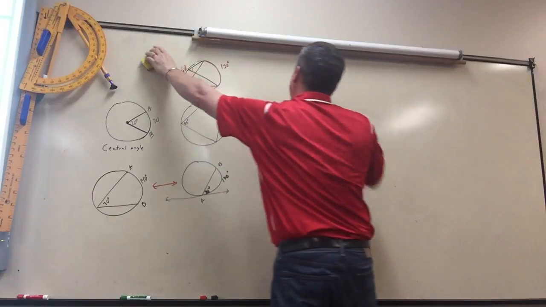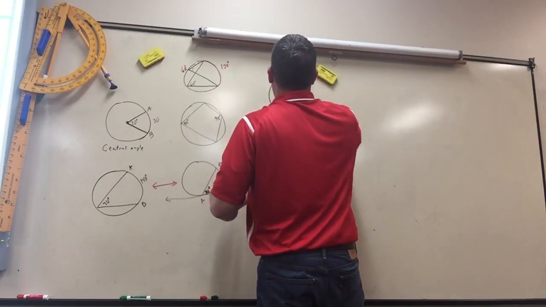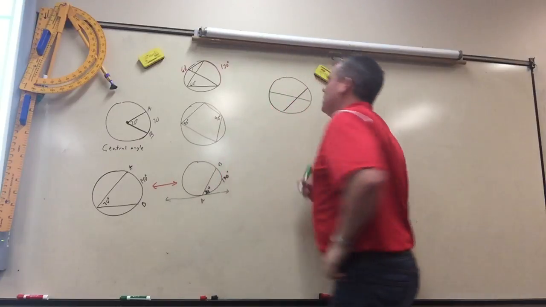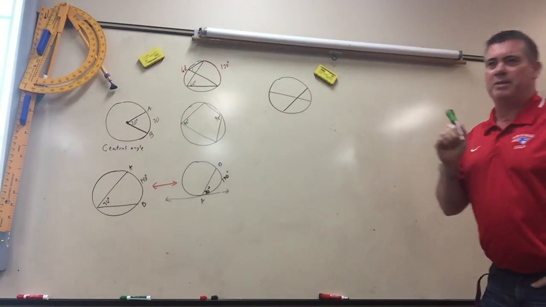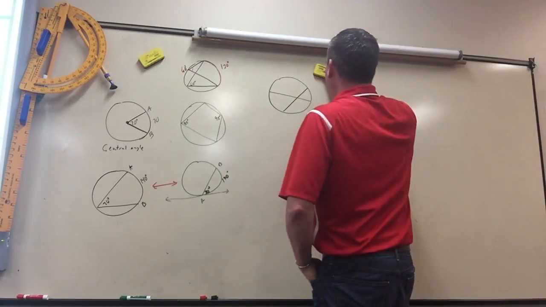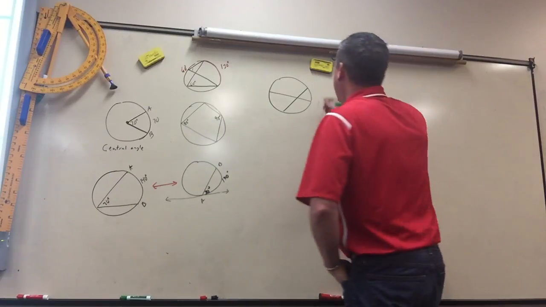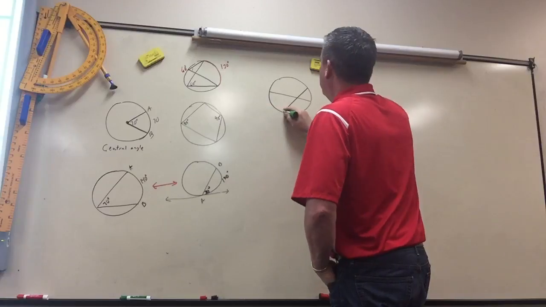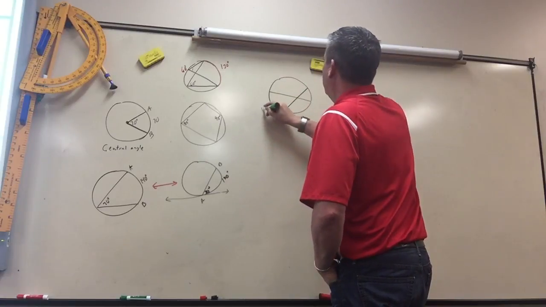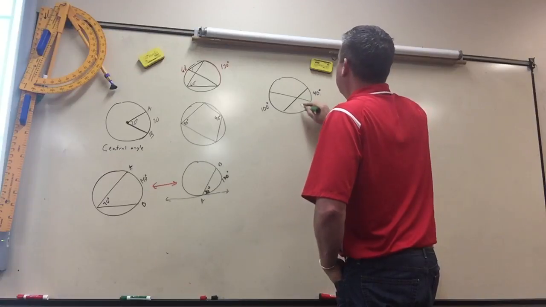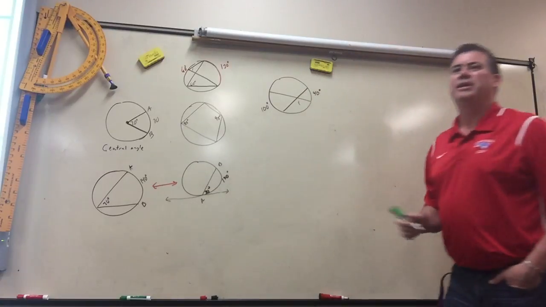Then we had the angles formed when two lines intersect. Now, correcting the papers yesterday, I don't think, maybe one person got this right. It's like this one, we'll say that's 100 degrees, and that's about 40 degrees. Okay.